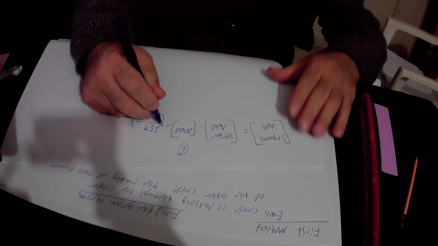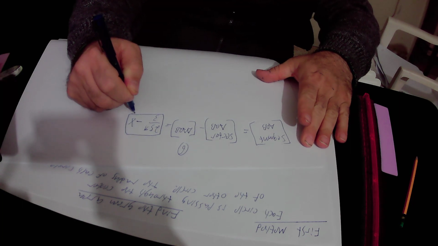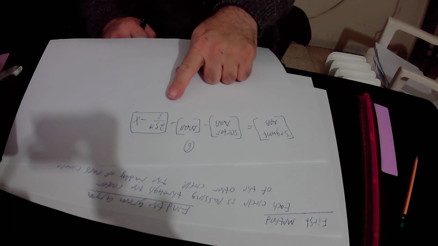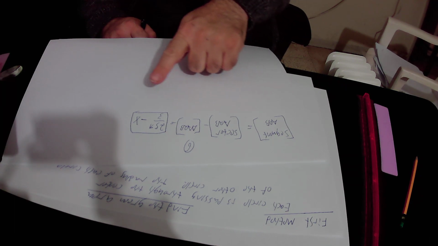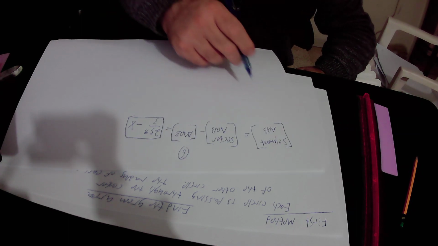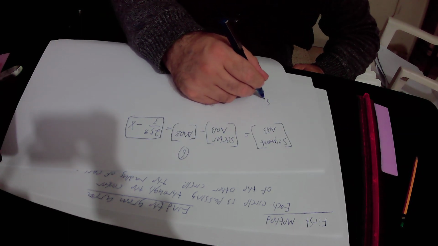So actually we found out that the area of segment APB equals 25 pi over 3 minus x square units. And what is the area of segment AQB?